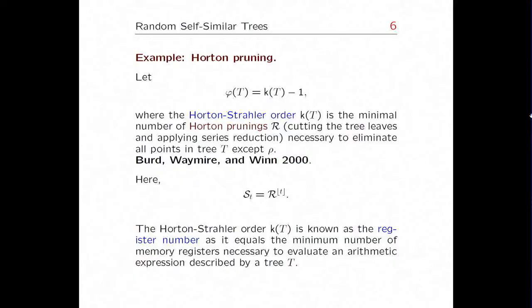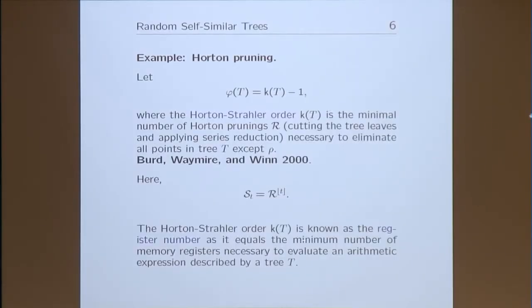There is a bit of overlap in the literature because the more computer science-minded people like to call it register number instead of Horton-Strahler order, and it equals the minimum number of memory registers necessary to evaluate an arithmetic expression described by a tree T.